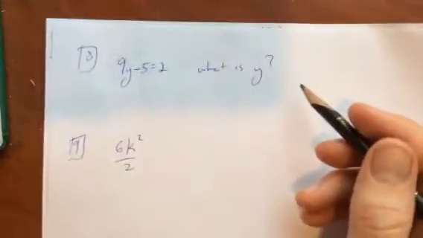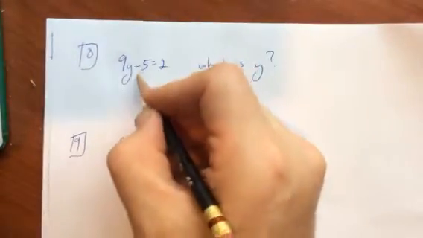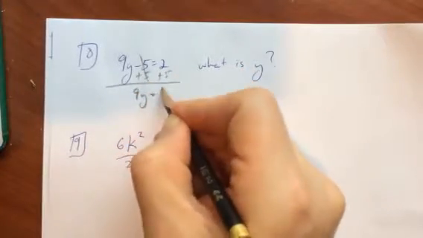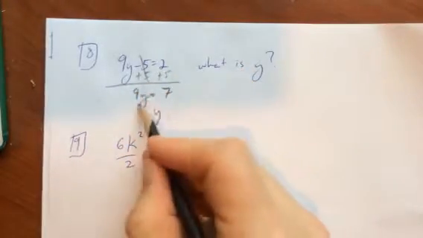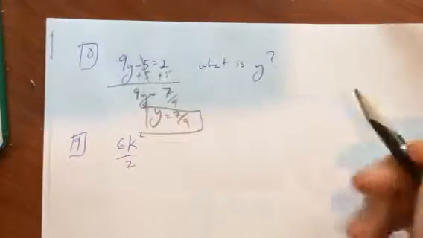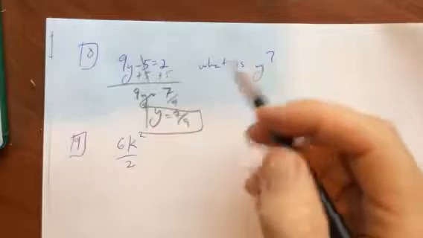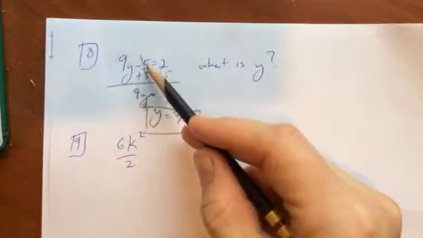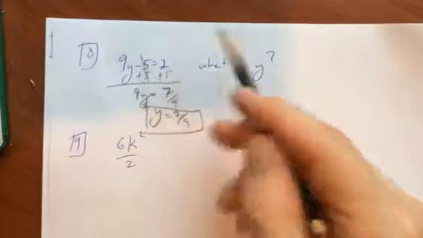This one here, what is y? You can add 5. 9y equals 7, and then divide by 9. y equals 7/9. So what that means is 9 times 7/9, then minus 5 will give you 2.